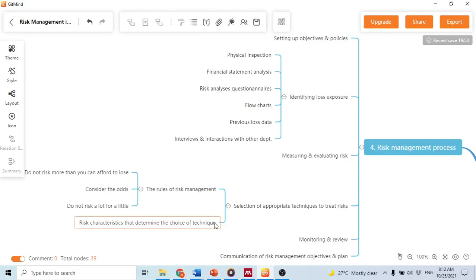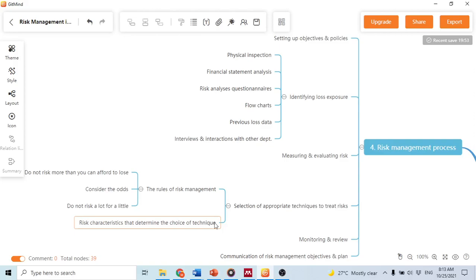For example, like me, I subscribe to a medical card. It has been like 4 or 5 years, but not a single time have I been admitted to the hospital. So the frequency of the risk happening is very low. So in that case, takaful or insurance is the option in managing that kind of risk.